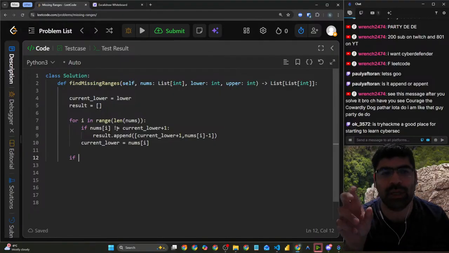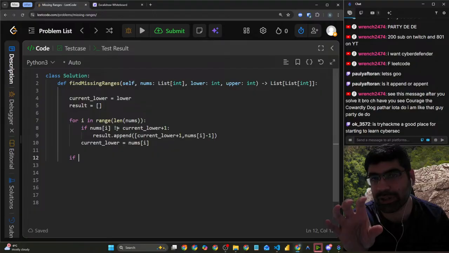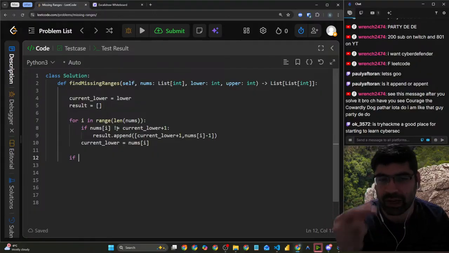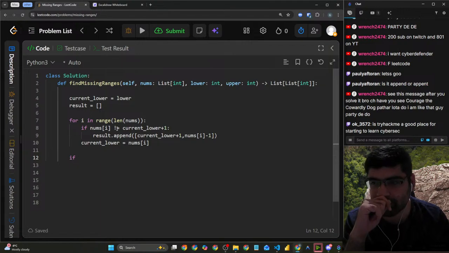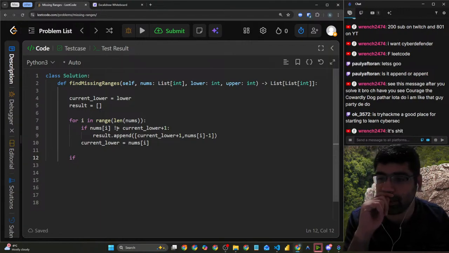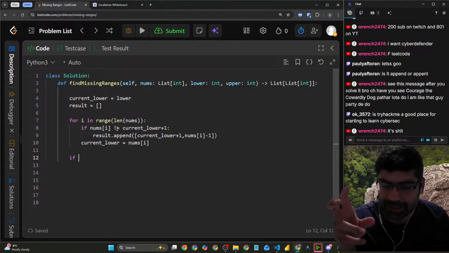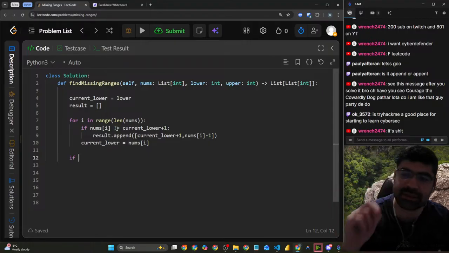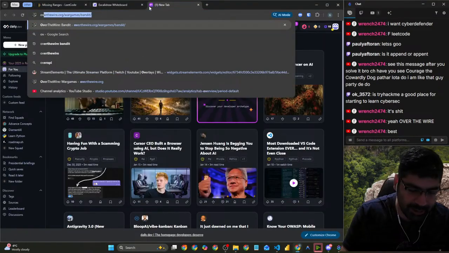Oh yes, Try Hack Me is a great one, especially if you're a beginner. But if you are not comfortable with Linux yet, I will recommend going for the Over the Wire Bandit game. Get comfortable with Linux there, then go to Try Hack Me. That would be my recommended path. Try Hack Me for beginners is good. Otherwise, if you are a pro practicing, I will say Hack the Box. Over the Wire Bandit game, right?